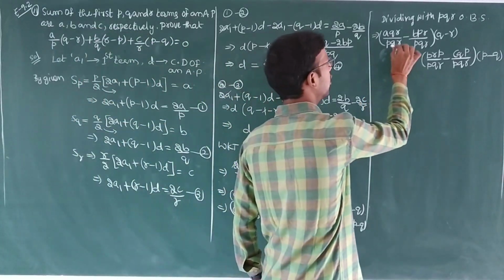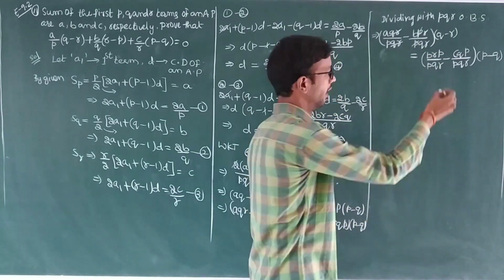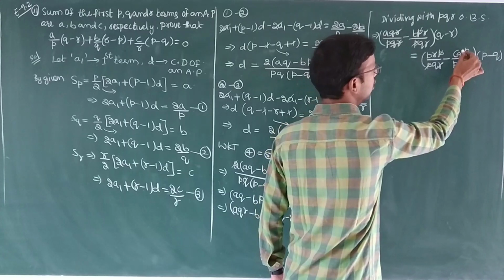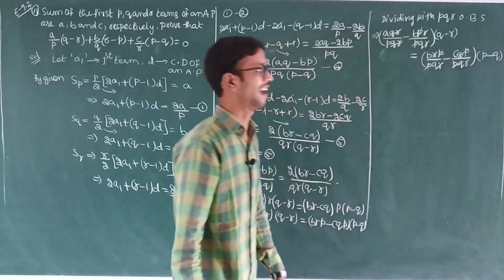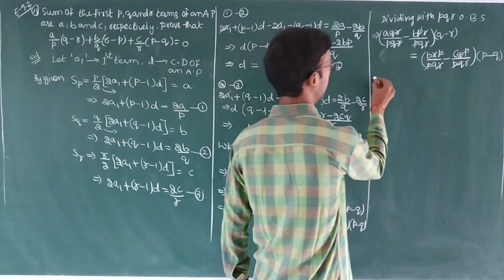Now you observe QR gets cancelled, PR gets cancelled, RP, QP cancel.